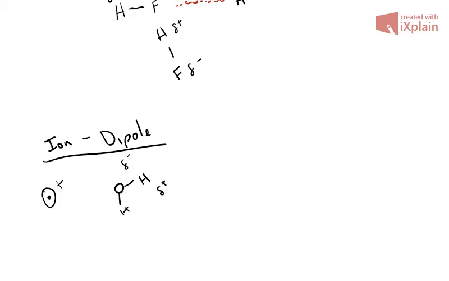So these are going to interact, the negative side towards the positive ion. I drew it towards the wrong part. It's going to go towards the oxygen. That is an ion dipole, and it's stronger than a dipole. It's an interaction between an ion, a fully charged thing, and a dipole, which is two partial charges.